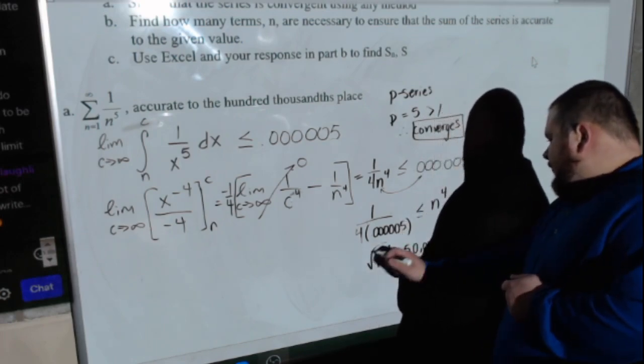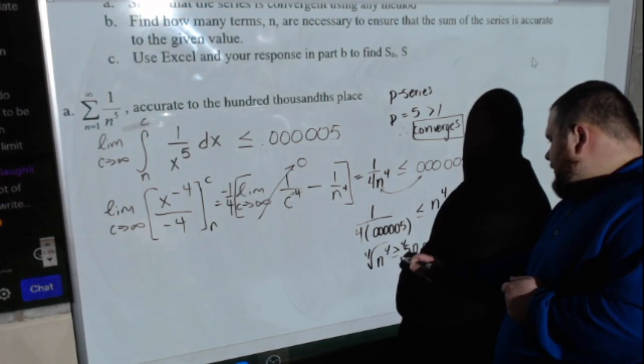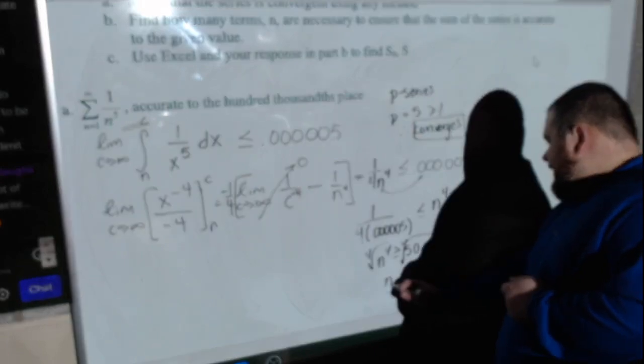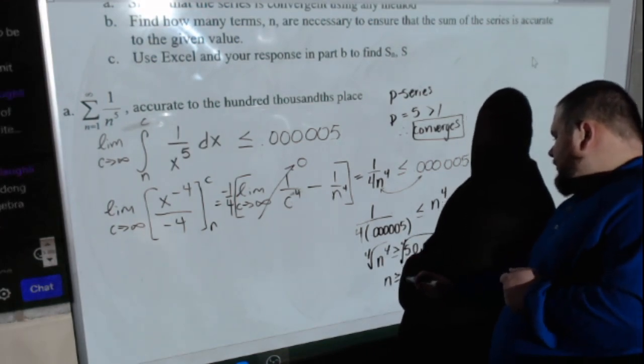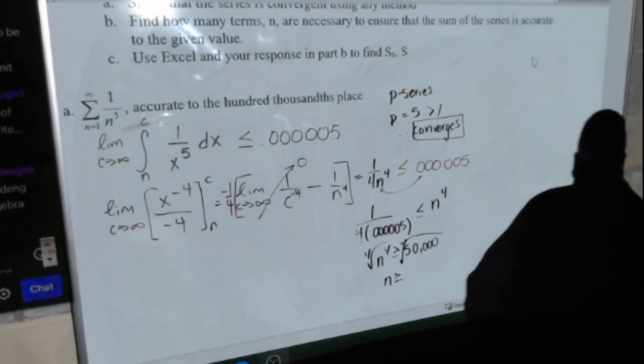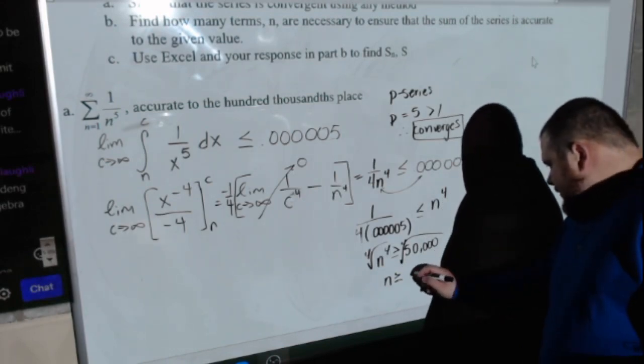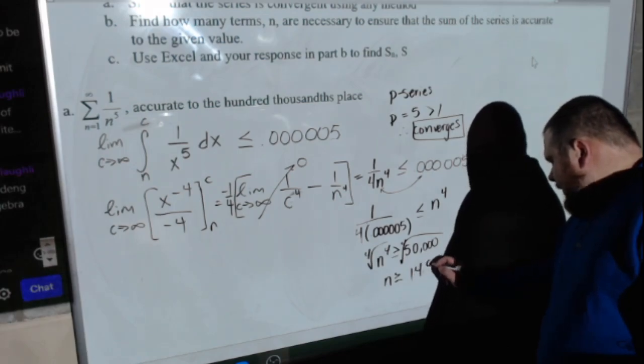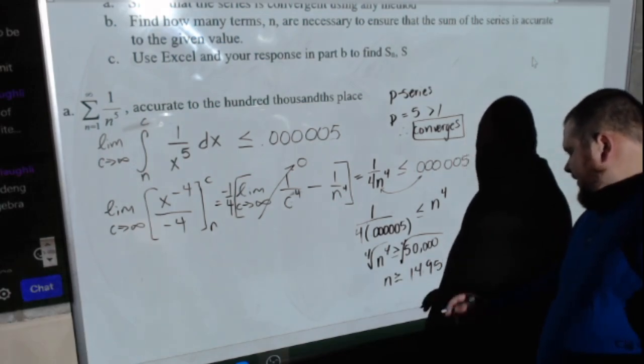So take the fourth root of both sides. So n is greater than or equal to, and that comes out as, I have here, 14.95, or approximately 15.